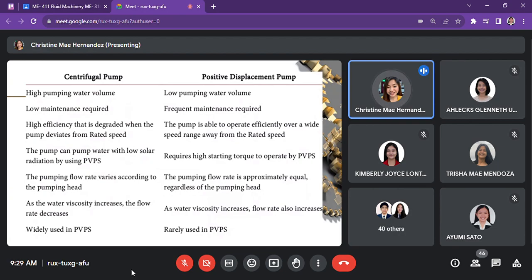So, what is the difference between the positive displacement pump and the centrifugal pump? They also have advantages and disadvantages. For the centrifugal pump, just screenshot this and read it.